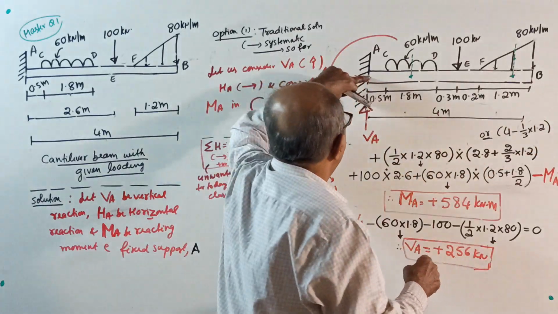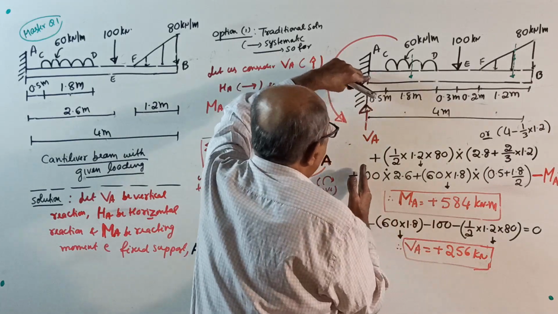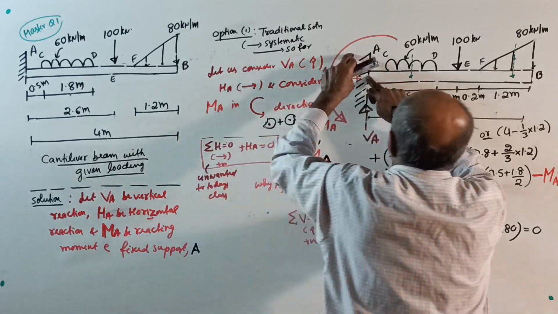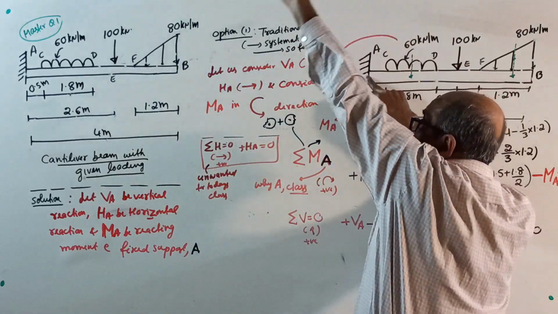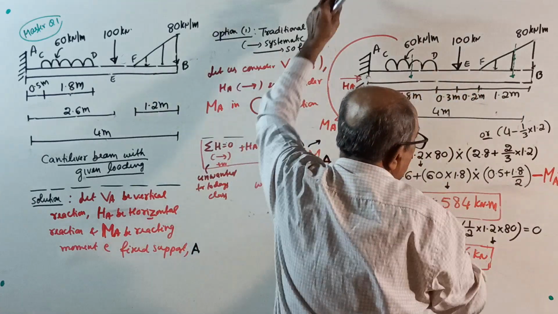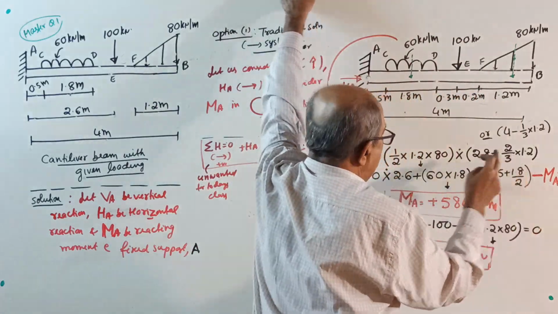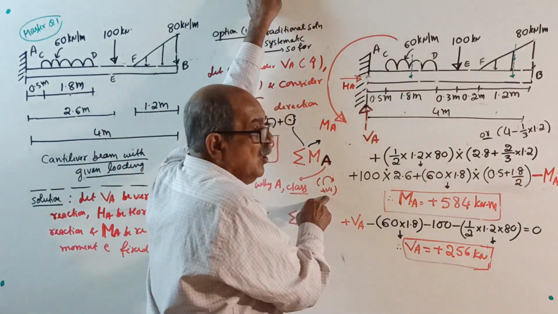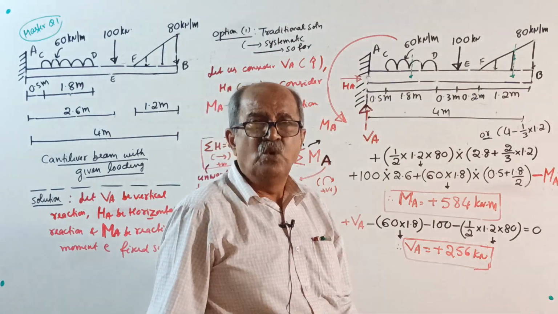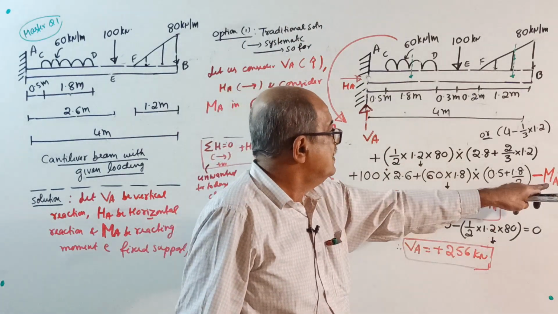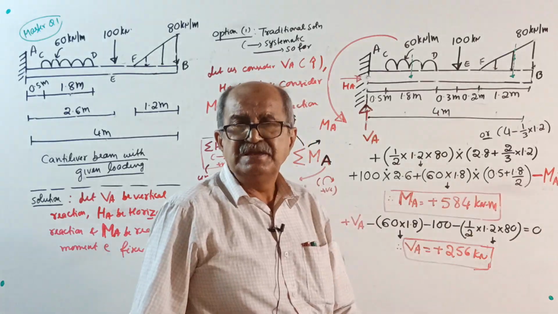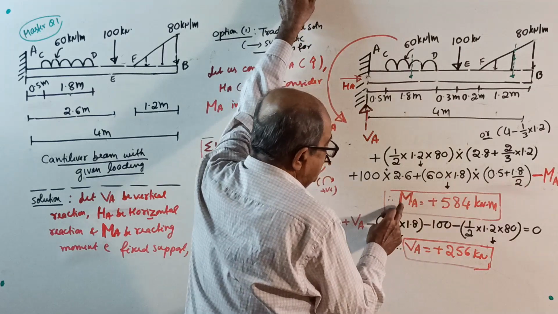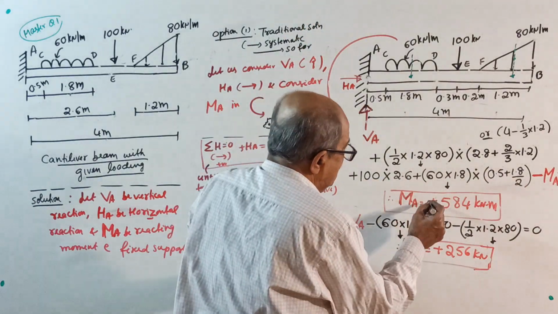Taking moment about A, VA into 0, HA also into 0, but this moment is there. It is an anticlockwise moment, so minus MA. Why minus? Because you consider clockwise positive. Now, this clockwise positive has no effect on the answer. I will explain it later.